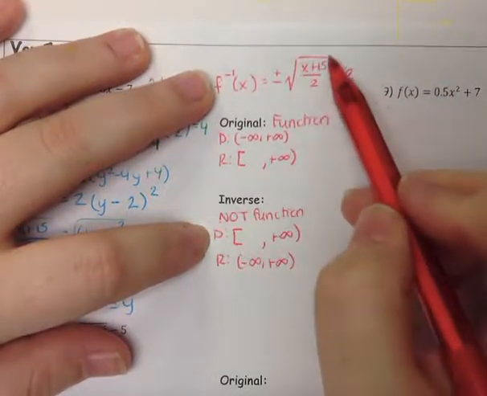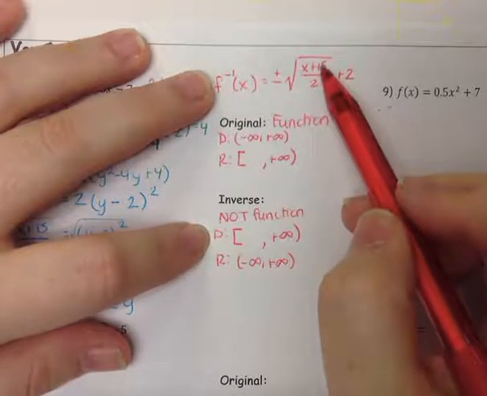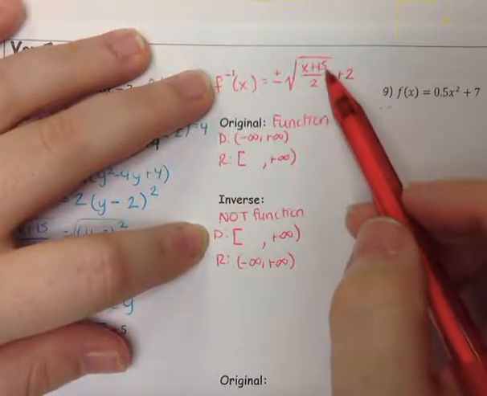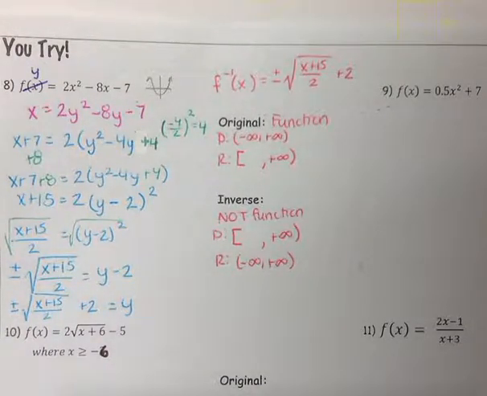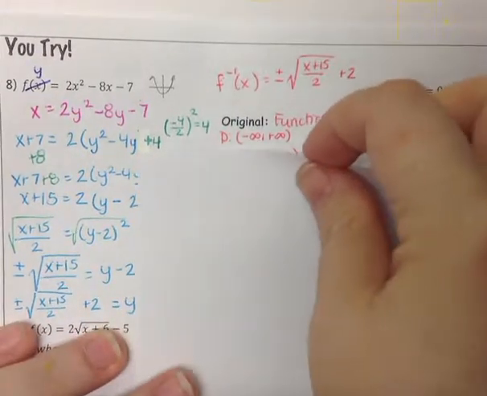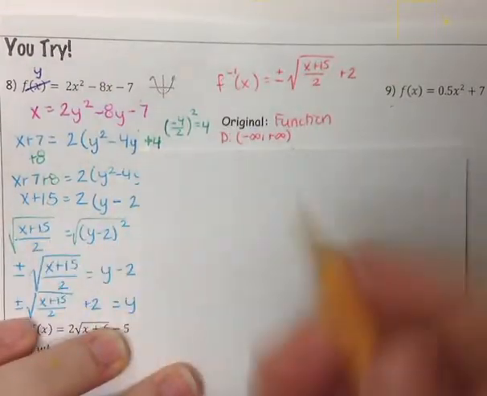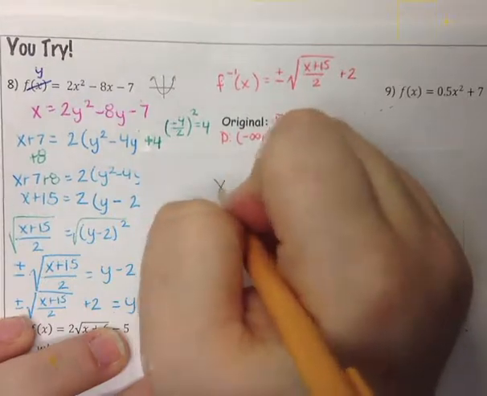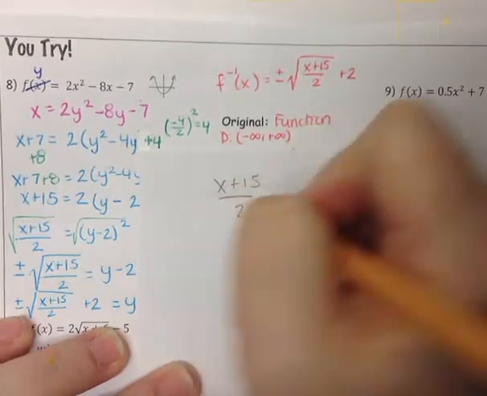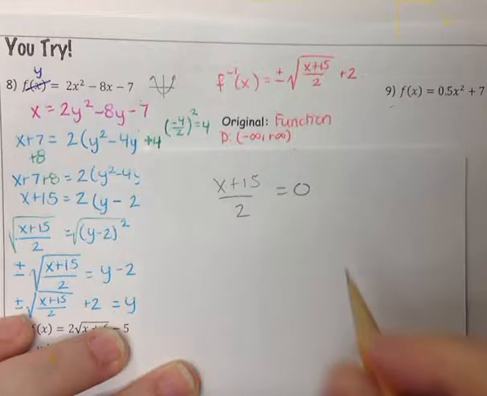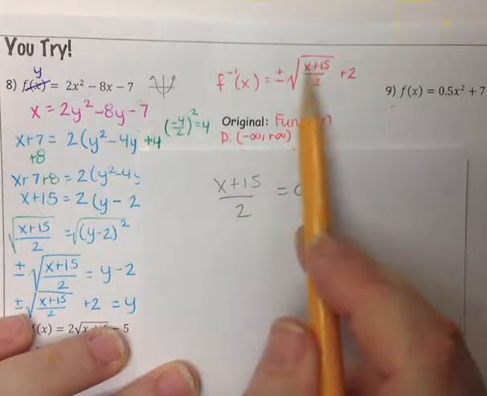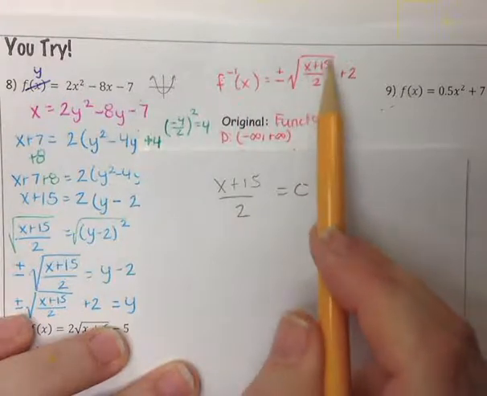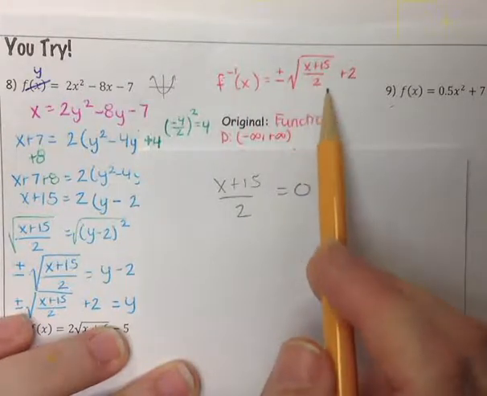Inside of here, it's not going to be a 15 over 2, because what you're really doing is taking that inside. I'm going to write a little note on the scrap piece. We're taking this x plus 15 over 2, and we set it equal to 0, so that we can figure out what that x needs to be to make this 0 on the inside, because that would be the original coordinate from the parent function.